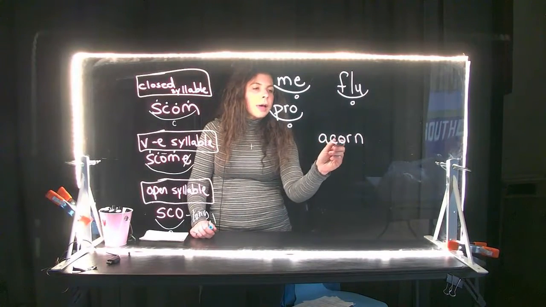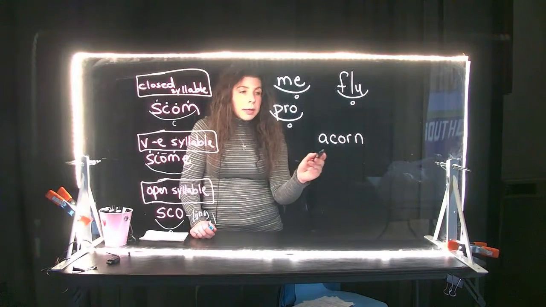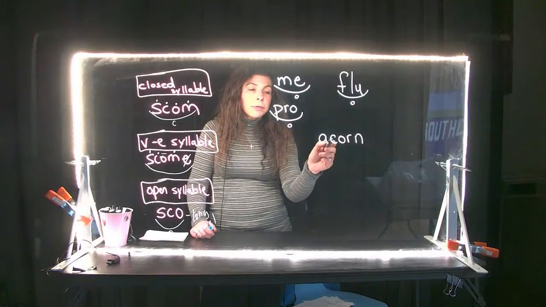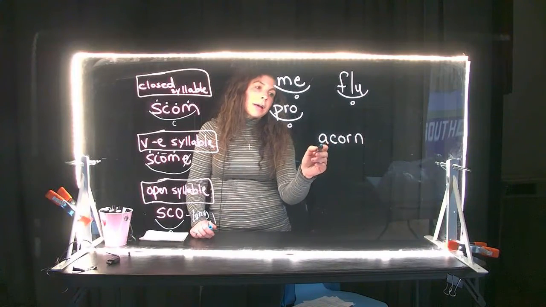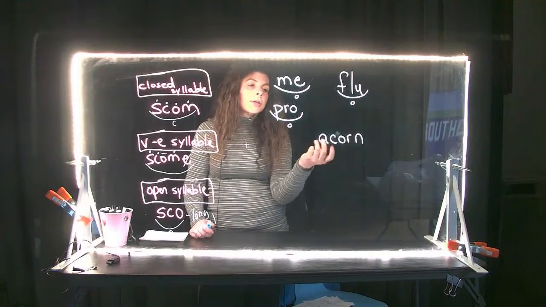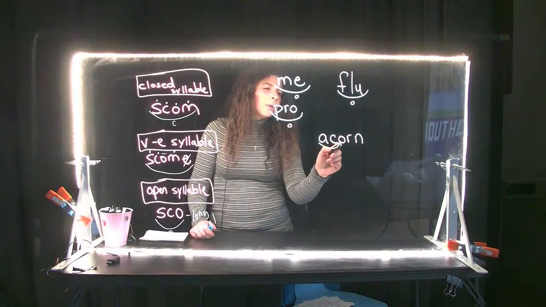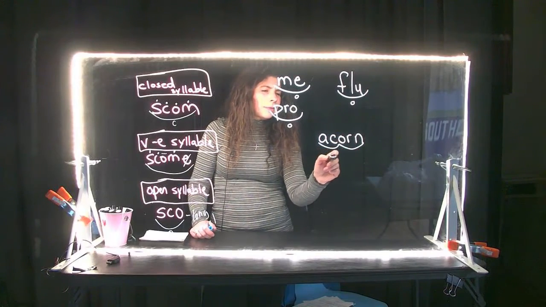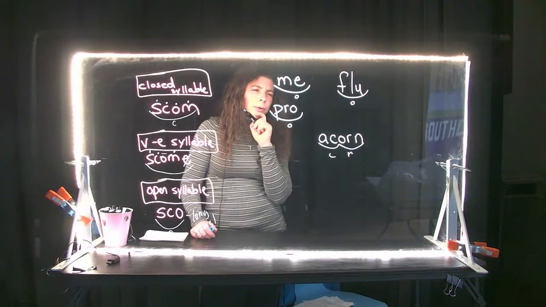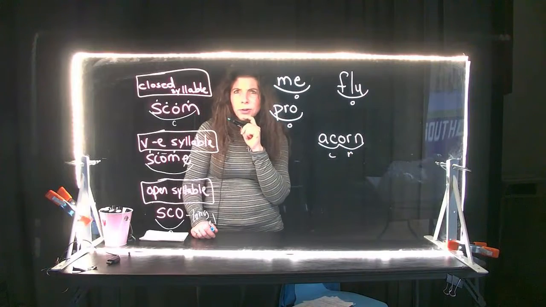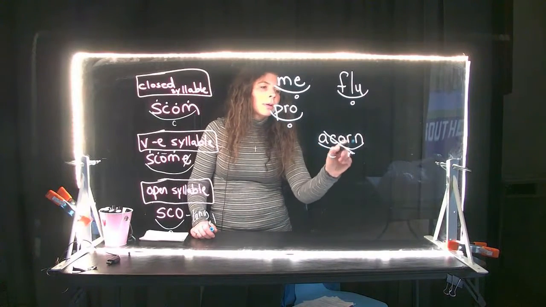Well, I have two vowels. Sometimes you put the first consonant with the first letter. So you could say to yourself, acorn? Is that a closed with an R control? Acorn? I've never heard of an acorn before.